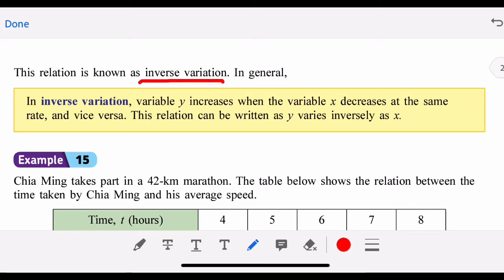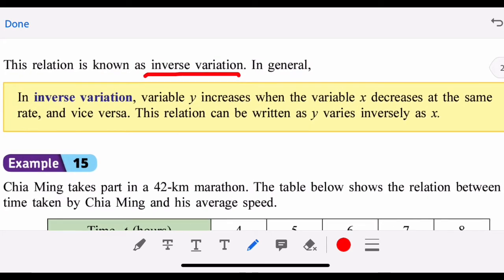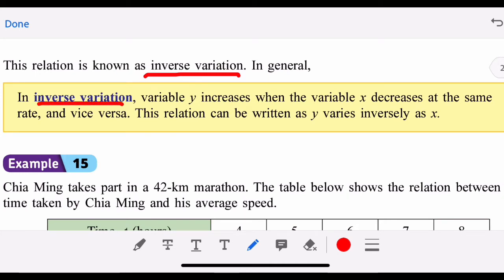In general, let's have a look at the definition of inverse variation. Variable y increases when variable x decreases at the same rate, and vice versa. This relation can be written as y varies inversely as x.